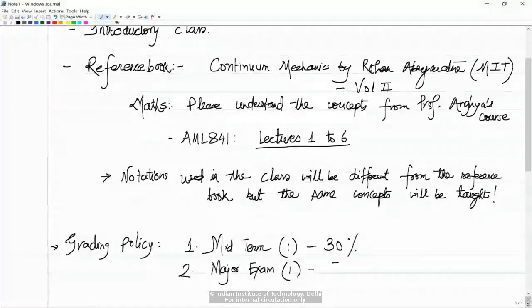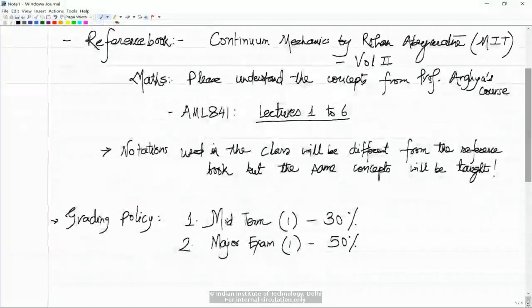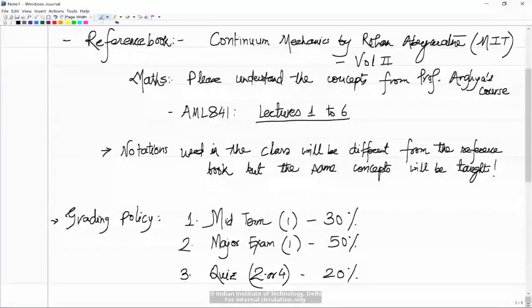Major exam will have 50% weightage. And then I will be giving you quiz throughout the class. And I don't know how many, maybe 2 or 4. And they will really be quiz type. And it will be automatically graded, okay? So that means you just have to take the correct option.